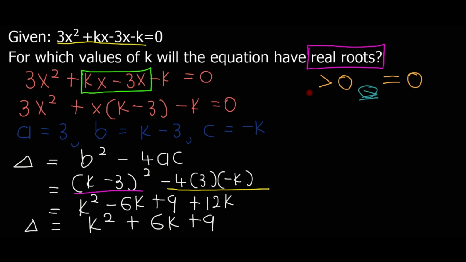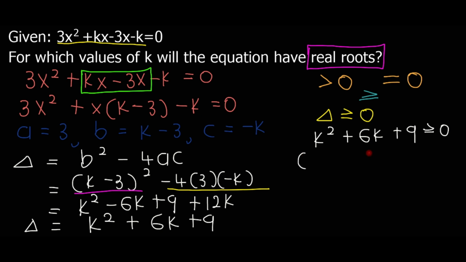This greater represents this one, and then equal represents this one. So for this one we say the discriminant is greater or equal to 0, and then from there we substitute, so we have K squared plus 6K plus 9 is greater or equal to 0.